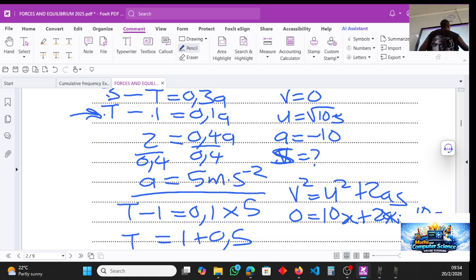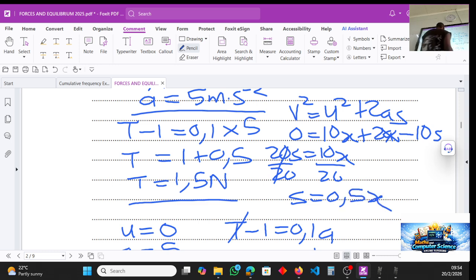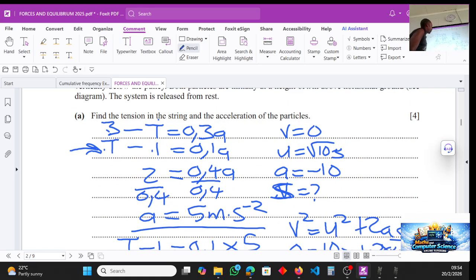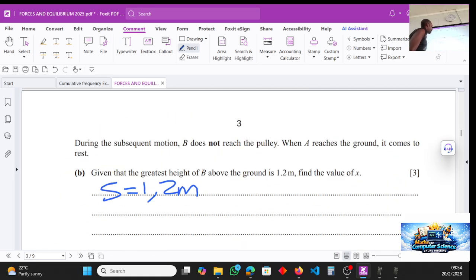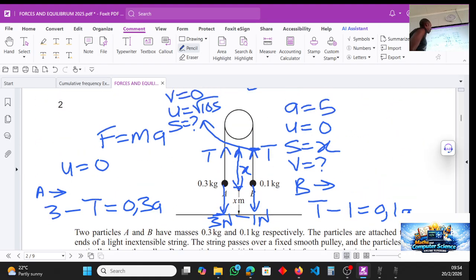The variable is actually s, which we need to find to say how much distance it goes up. So if I rearrange, it means I have 20s equal to 10x. So the short distance s that object B will travel, we divide by 20, like this. This will cancel, so my s is going to be 0.5x.